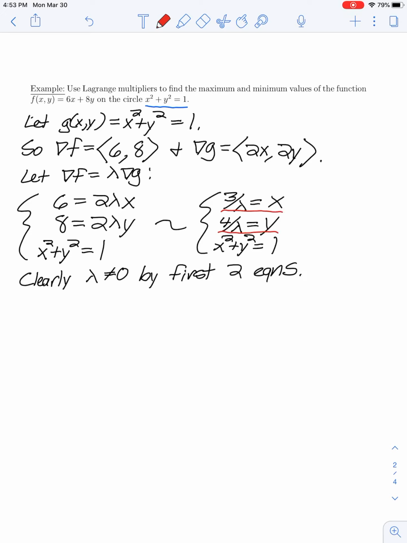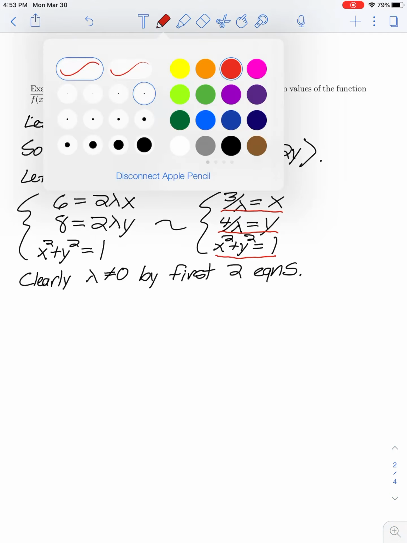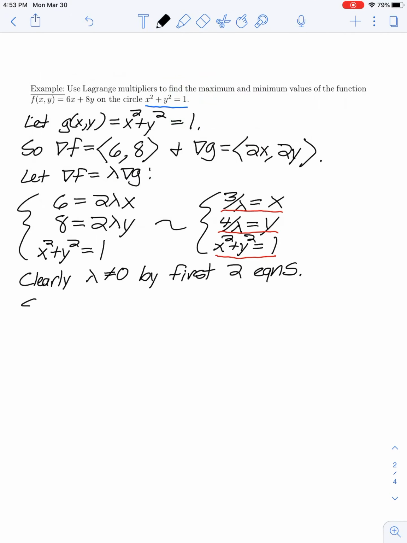So my first two equations give me expressions for x and y in terms of this Lagrange multiplier lambda. So I can take these expressions for x and y and substitute them into my constraint equation.